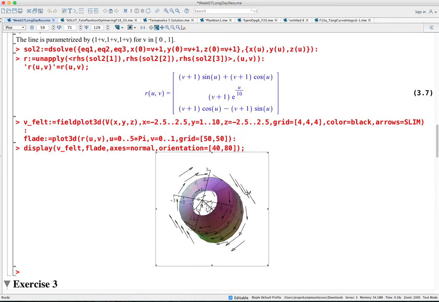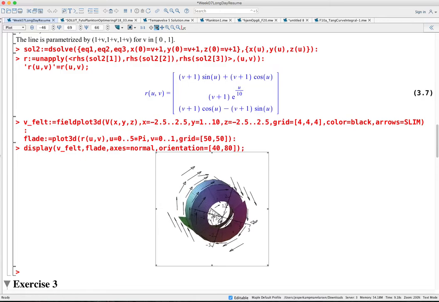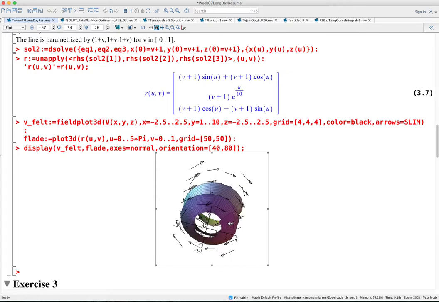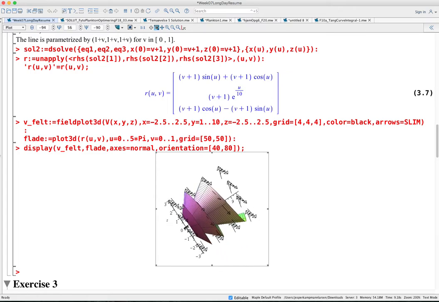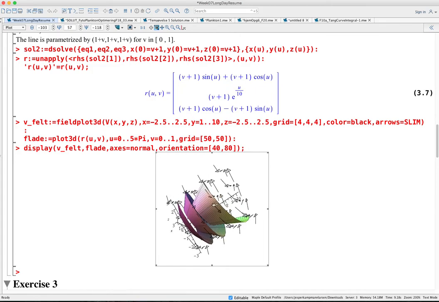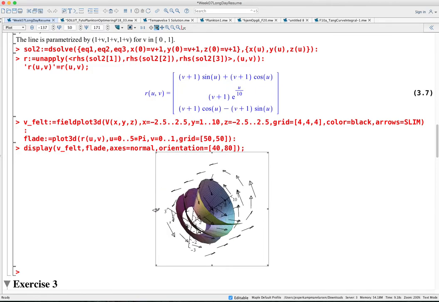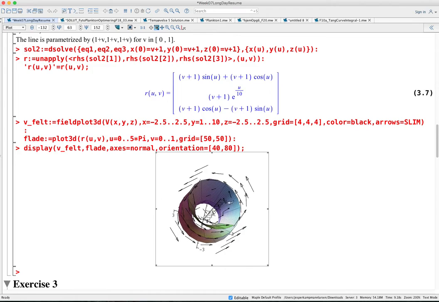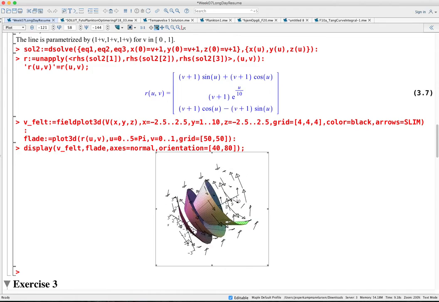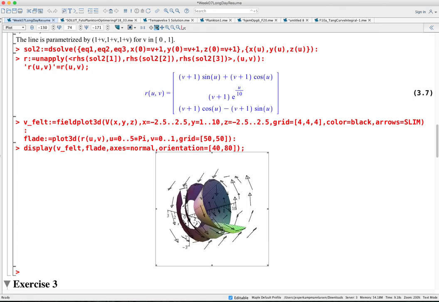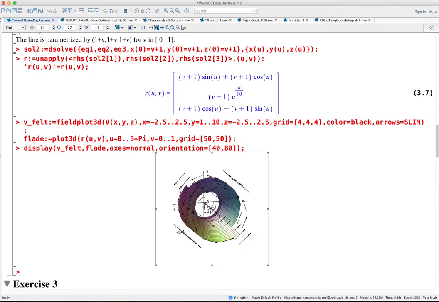It's from 1, 1, 1 until 2, 2, 2, and then it develops in this fashion as u increases. So in this way you can actually get a better understanding of what a vector field is like.